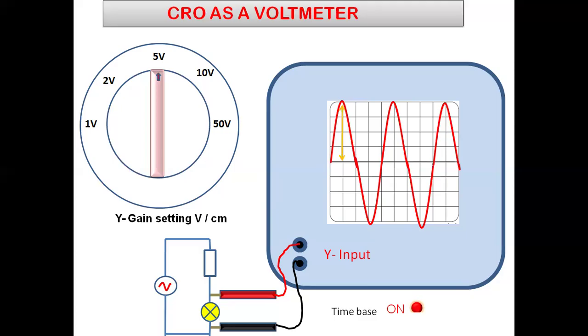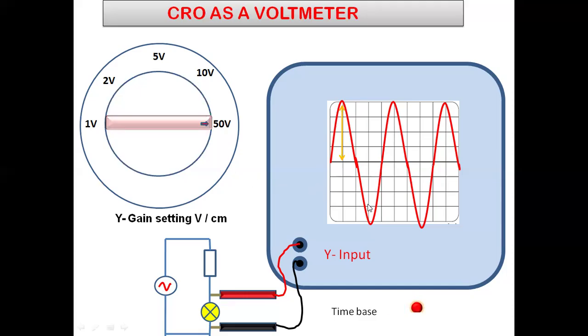And when the time base is on, the wave is appearing. If we turn the time base off, what will happen? The vertical line will appear on the screen. This is the setting of 50 volt per centimeter, and this is the waveform which is occupying 4 blocks. In the upper part of the middle line or the lower part of the middle line, there are 4 blocks. 1, 2, 3, 4.